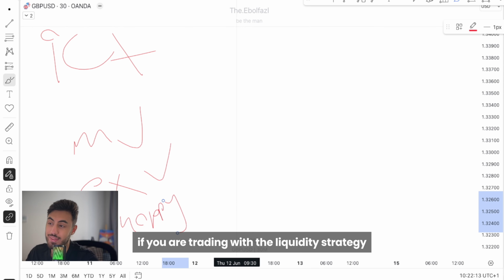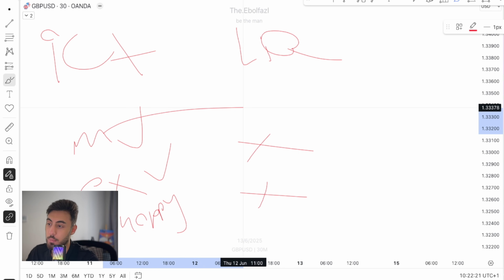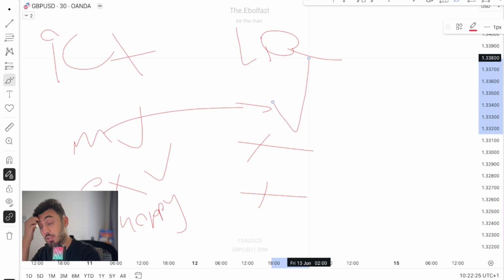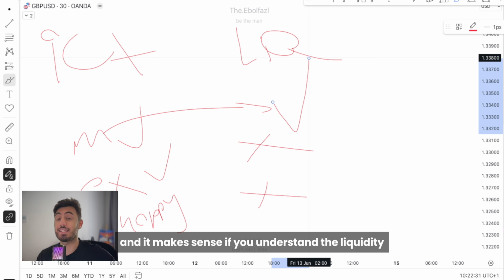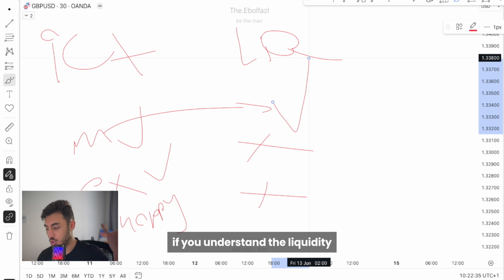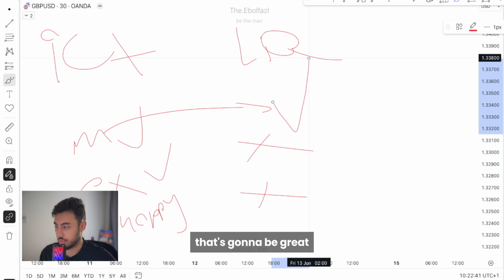If you're trading with a liquidity strategy, a choppy market is bad for you, expansion is bad for you, and a manipulation market is great for you, because it happens a lot of the time and it makes sense if you understand the liquidity. That's so important. If you understand the liquidity and go with the manipulation market condition, that's going to be great.